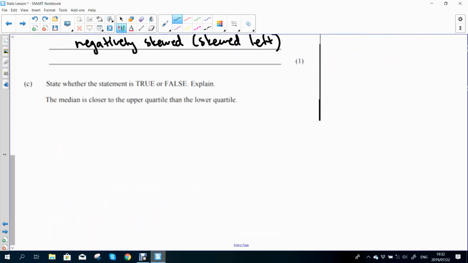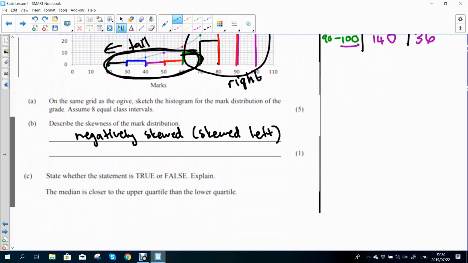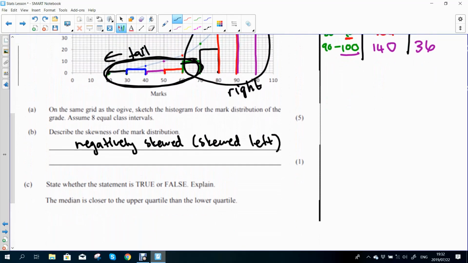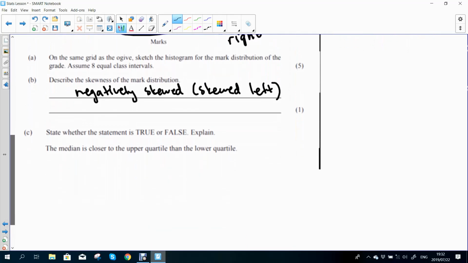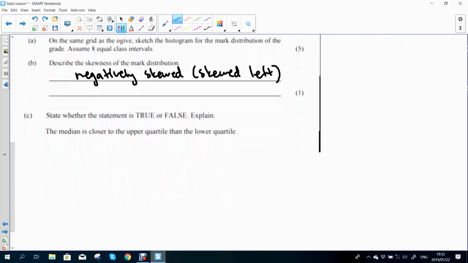And then the final question states, state whether the statement is true or false. Explain. And this is such an important concept to understand. It says, state whether true or false, the median is closer to the upper quartile than the lower quartile. Now, I know that we just discussed skewness, guys, but there's another way in which you can determine skewness according to textbooks.